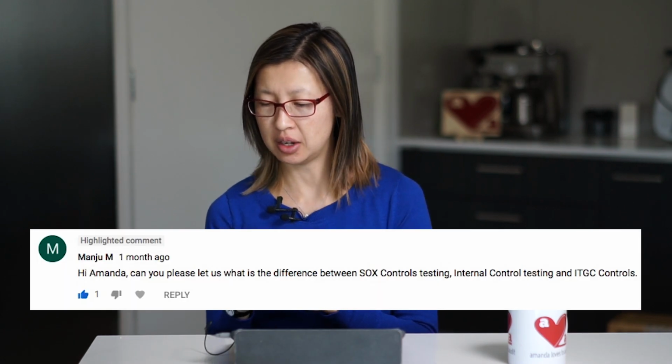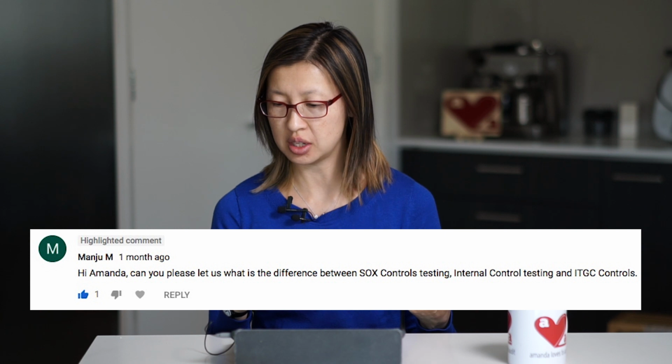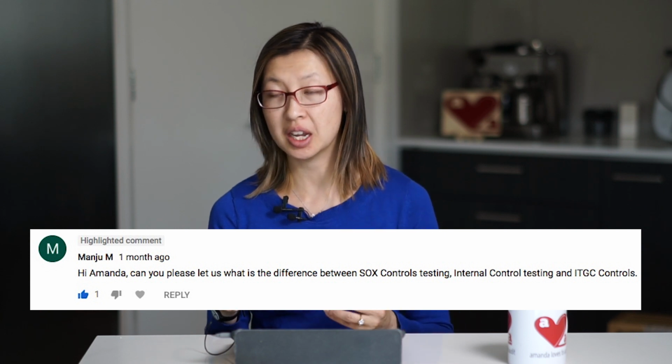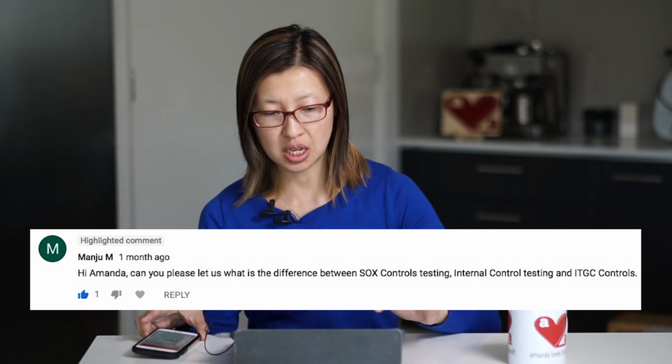All right, this question says, hi Amanda, can you please break down the difference between SOX control testing, internal control testing, and ITGC testing? Sometimes you'll see me on camera and other times I'll switch down here to what you see on my tablet. So SOX actually stands for the Sarbanes-Oxley Act, which is something that we have only in the United States.